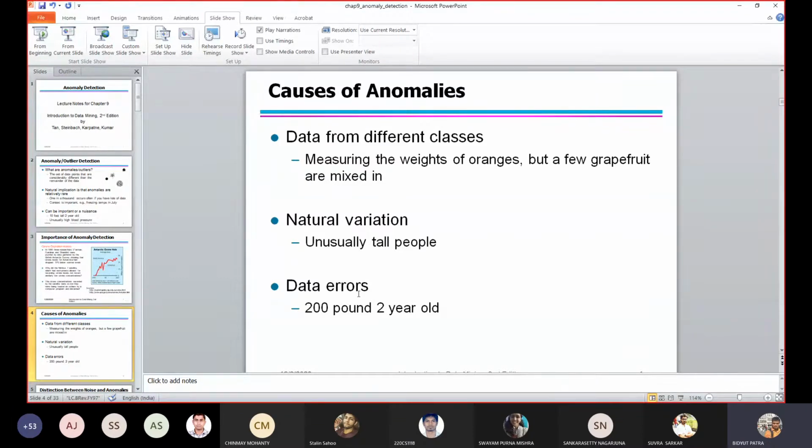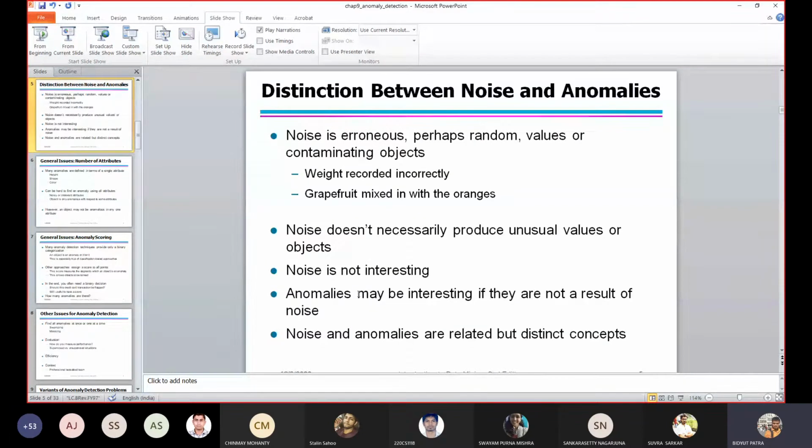Noise is erroneous, perhaps random values or contaminated objects. Noise does not necessarily produce unusual values or objects.